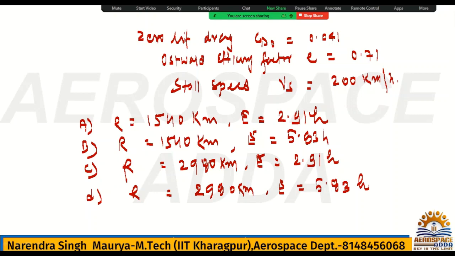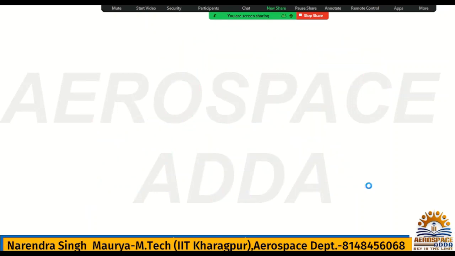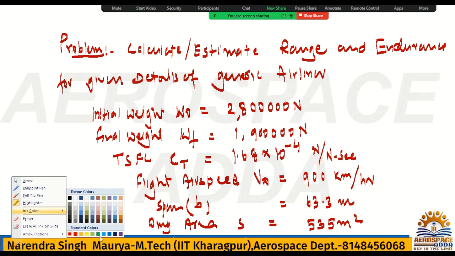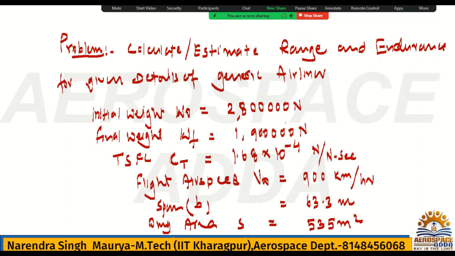Now suppose a few things like density are not given, then you can assume if required. If it is not required, it's okay. We'll start solving this question so you may understand what data is required to assume. This is what they are asking, range and endurance. They have given thrust specific fuel consumption.